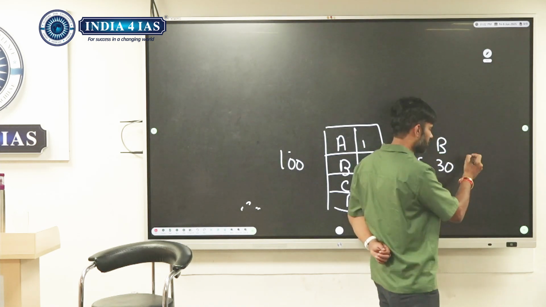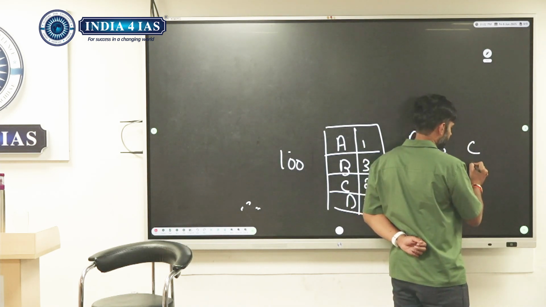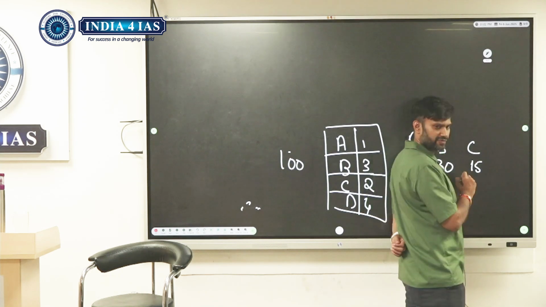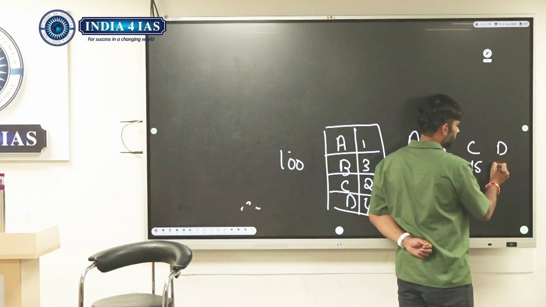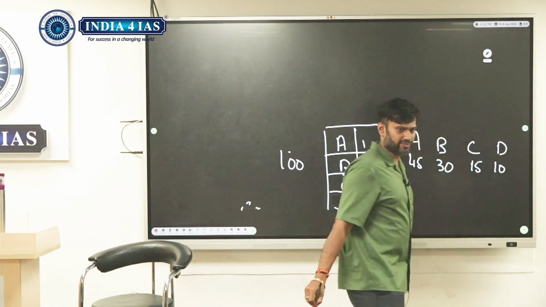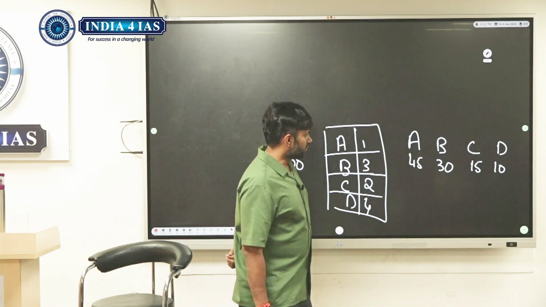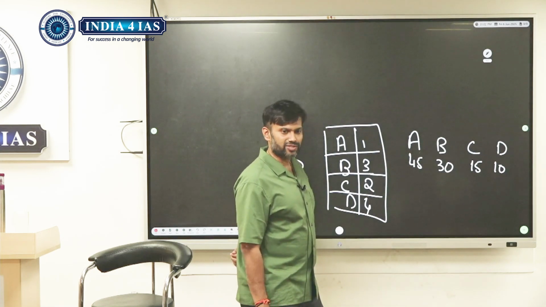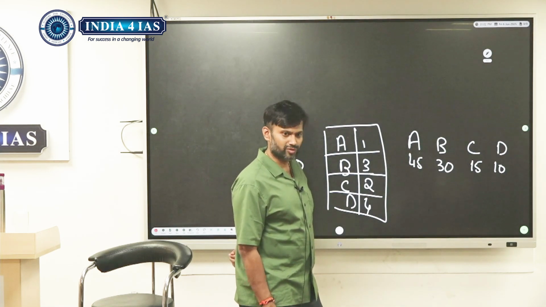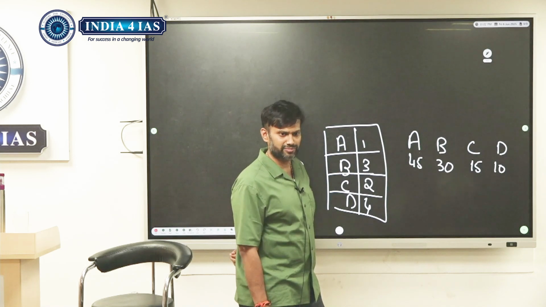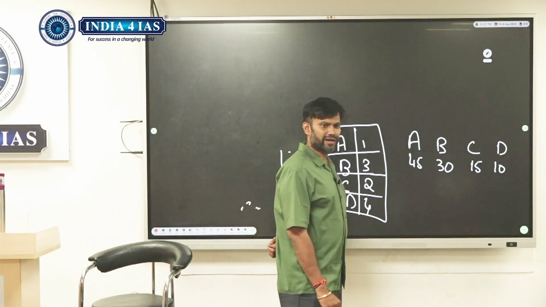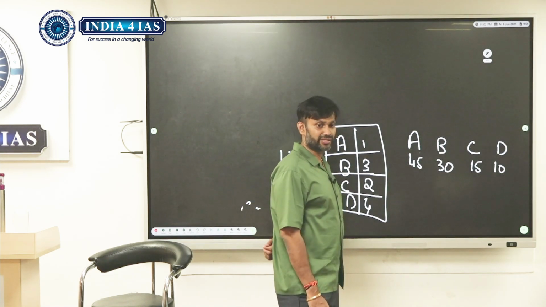Okay. D has got, let us take 10. So when you look at here, no candidate has got majority. Though A has got the highest, still is not crossed the majority mark. So obviously we can't declare a winner in this round.